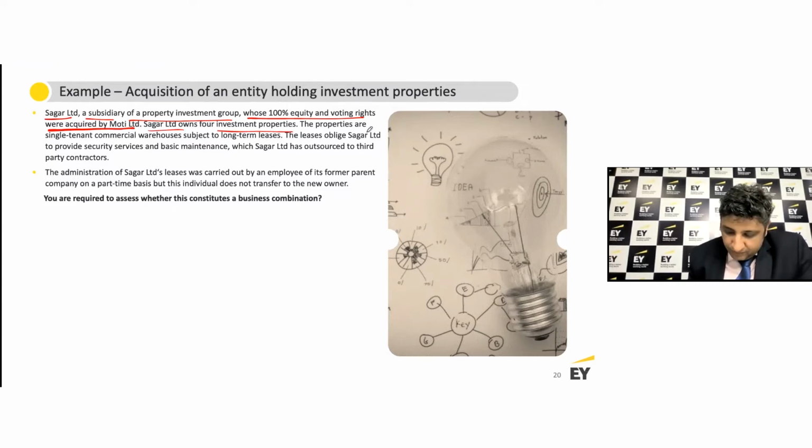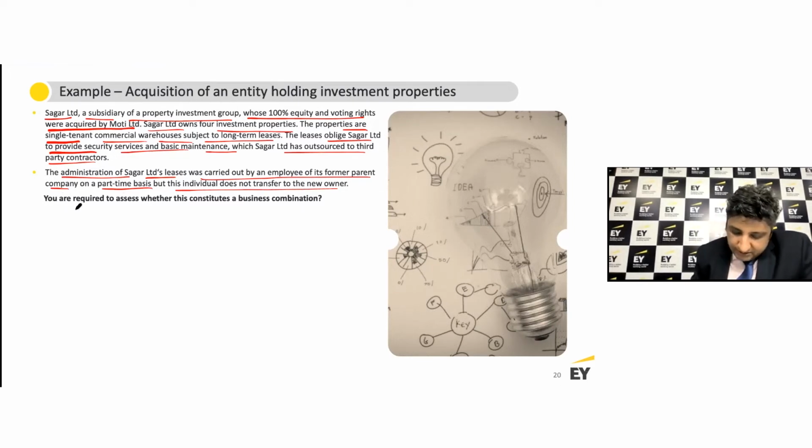The properties are single tenant commercial warehouses subject to long-term leases. The leases oblige Sagar Limited to provide security services and basic maintenance, which Sagar has outsourced to third-party contractors. The administration of Sagar Limited's lease was carried out by an employee of its former parent company on a part-time basis, but this individual does not transfer to the new owner.